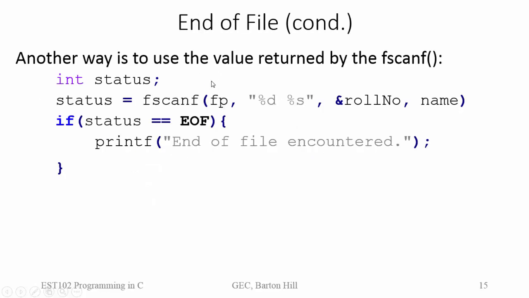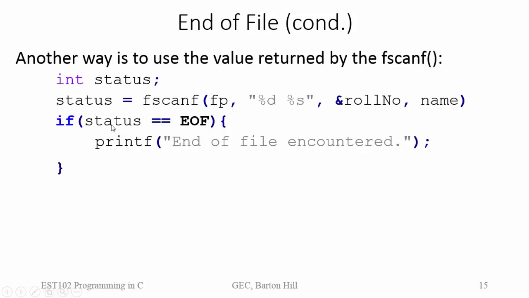And in the other method, we can use the value returned by the fscanf function. I have just declared a variable status for storing the value returned by this fscanf function. If the value returned by fscanf is equal to end of file, then we can say that end of file has been reached. Usually the value of EOF is -1, and once the last value is read and fp is pointing to the end of file, it will return -1.